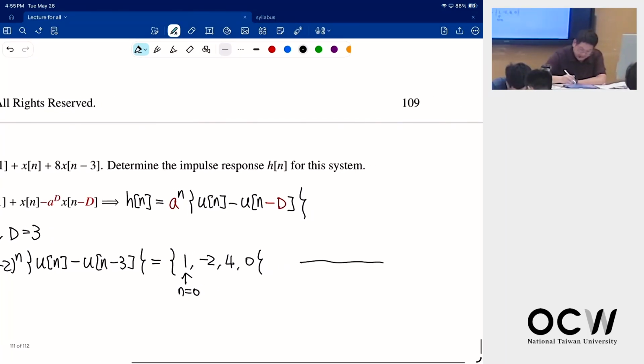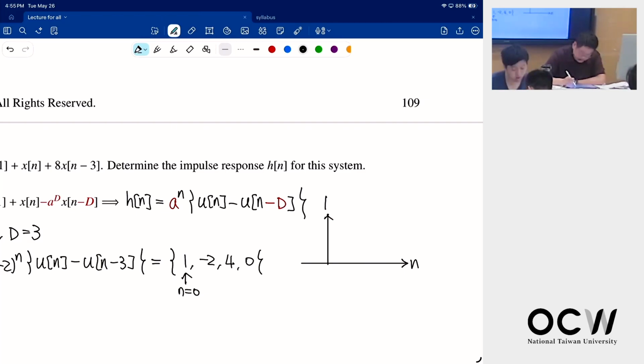And if you plot the impulse response, it looks like 1, and then -2, and 4, 0. So this is n equals 0, n equals 1, n equals 2, and n equals 3.